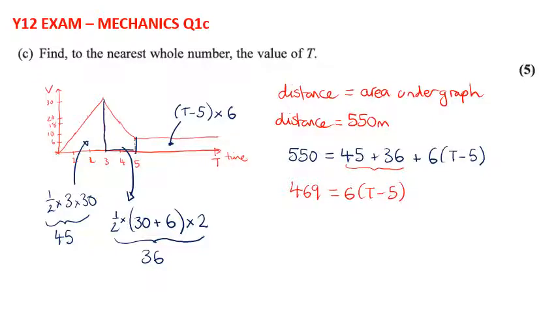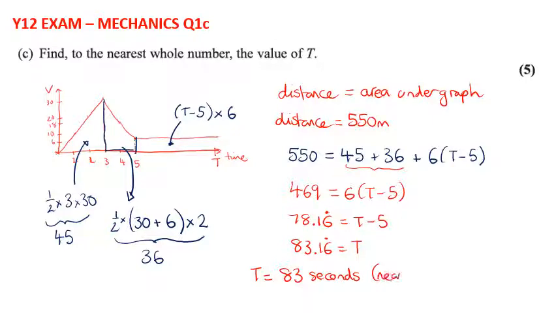Divide both sides by 6 and I'll get 78.16 recurring. t minus 5, add 5, I get 83.16 recurring is t, and I'm asked for to the nearest whole number. So t is 83 seconds to the nearest whole number.